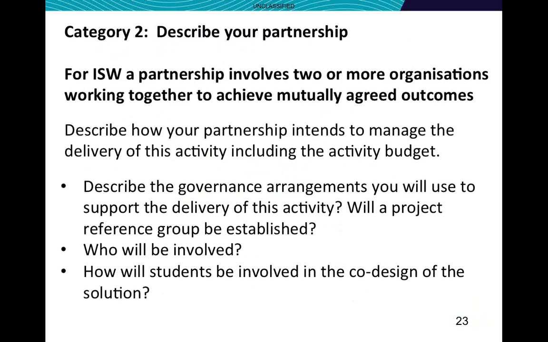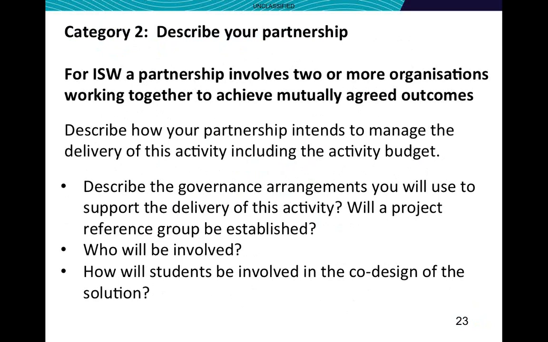So for category 2 in particular, we want you to describe your partnership. Now, just a reminder that for this program, for ISW, a partnership involves 2 or more organisations working together to achieve mutually agreed outcomes. So remember that it is a requirement. Now, one of you will be a lead applicant, and that means that you will take on the legal responsibility for the application and for the delivery of the activity.